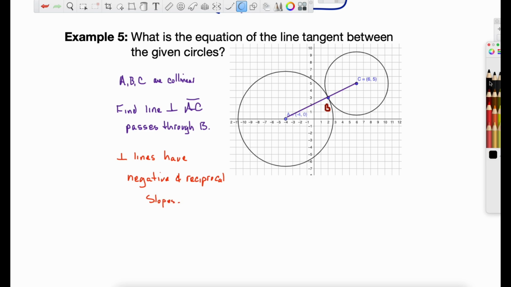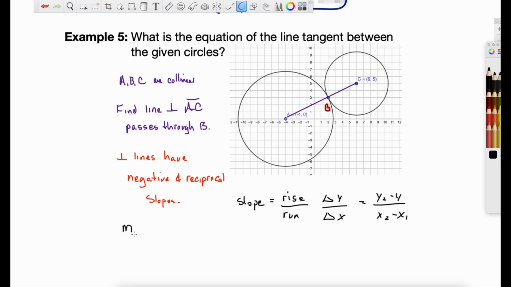And what is a slope? The slope of a line is the amount that it rises over the amount that it runs, which is the change in y over the change in x, which is the difference in the y coordinates over the difference in the x coordinates. So let's find the slope of AC.